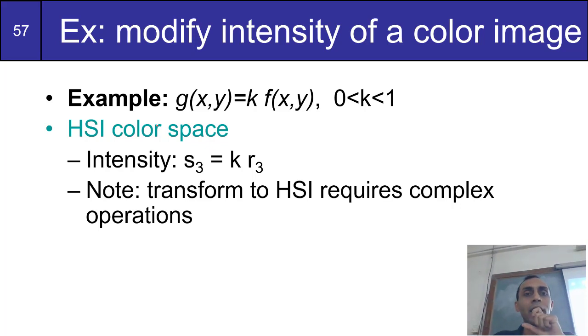A simple example: let us say we just want to modify the intensity value, not the color, to make it either brighter or darker. If we are using an HSI color space, we can just take the third component, which is the intensity component, and apply a simple scalar factor, and get the output component I dash, and we don't change the H and S values.